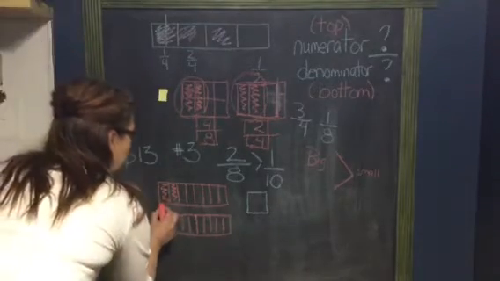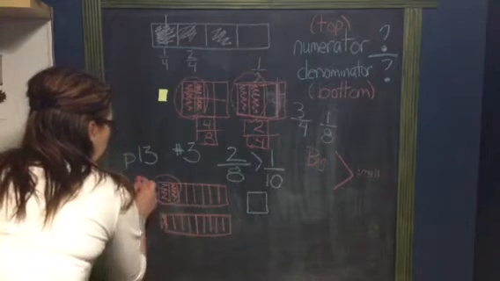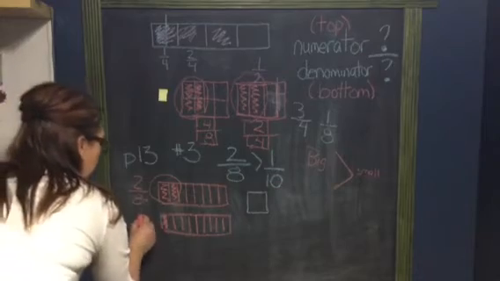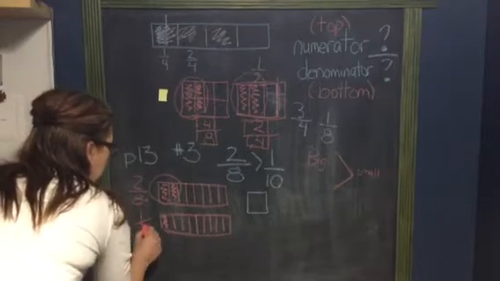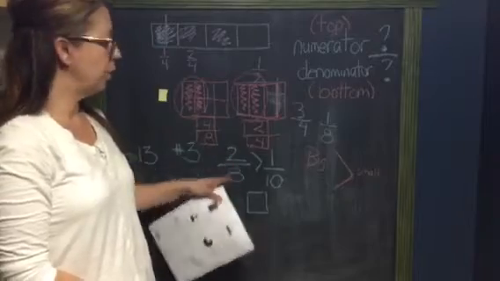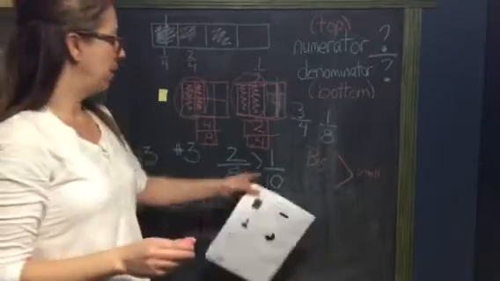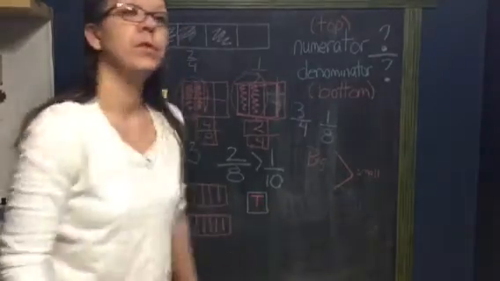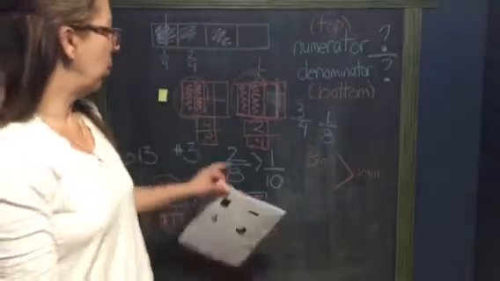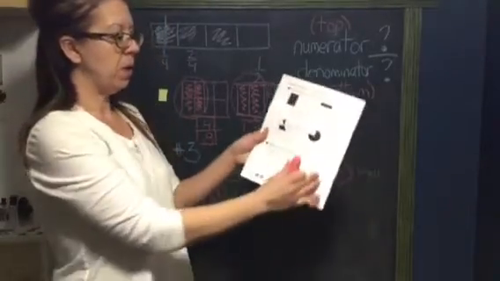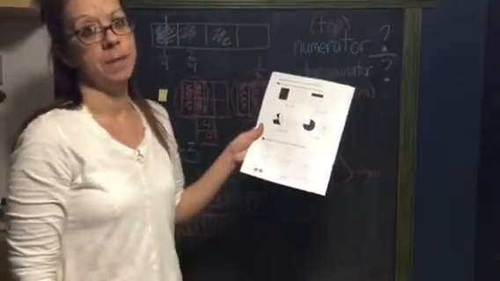So this fraction, 2/8, is bigger than this fraction, which is 1/10. So when I look at this question, is that true or false? 2/8 is bigger than 1/10. I would put in the box a T for true. Okay, if it wasn't, I'd put an F for false. That's how you do the bottom part of page 13.